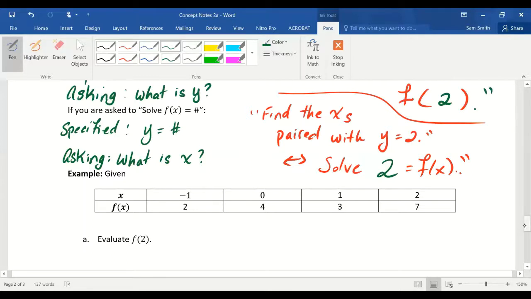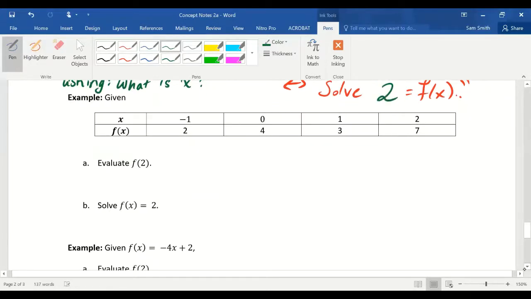Okay, let's try it out with this table. They say in this following example, evaluate f of 2. Now, take a moment and think. When they say evaluate f of 2, 2 inside the parentheses, what are they giving you?